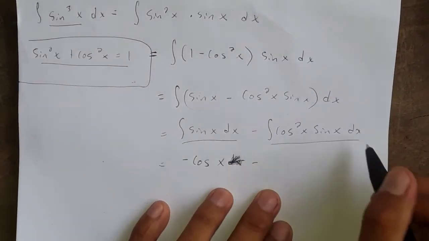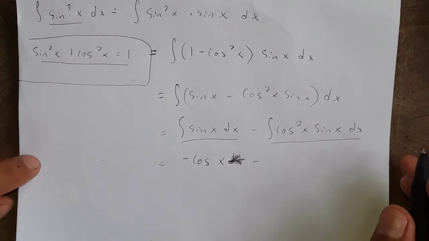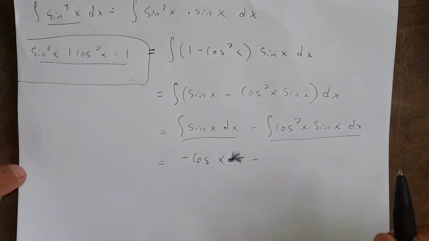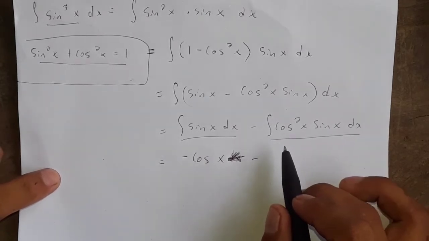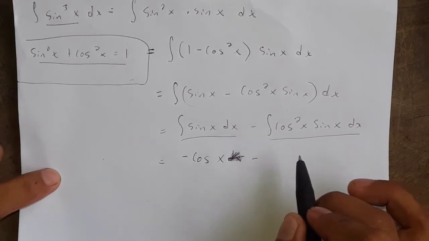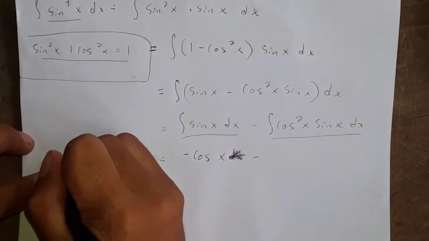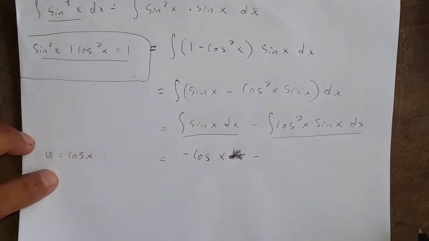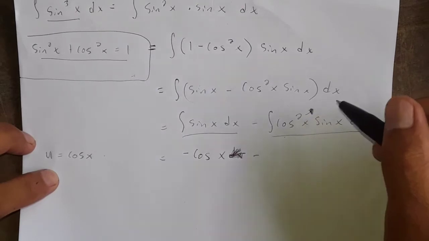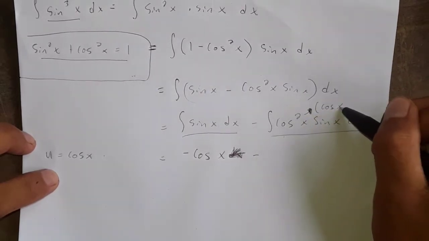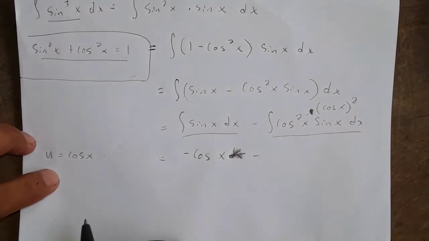Then in the next term, we're going to use u and du representation and substitution. What we're going to represent as our u is the function which has a higher degree, which is the cosine squared of x. So our u here is equal to cosine of x. We're going to write this also as cosine of x raised to 2, so we're going to use cosine as our u.